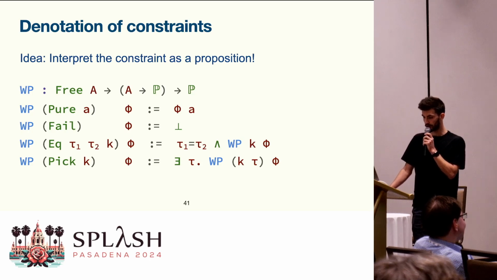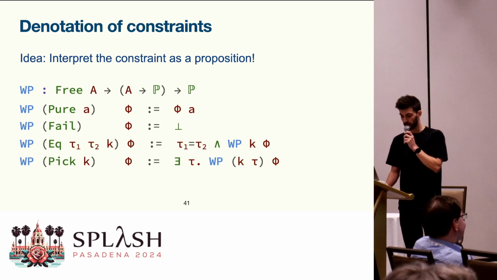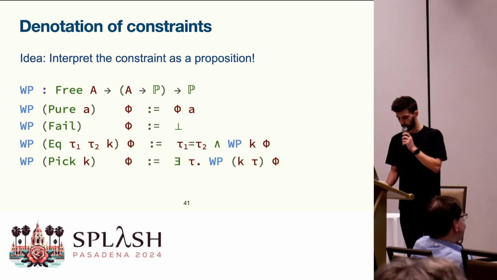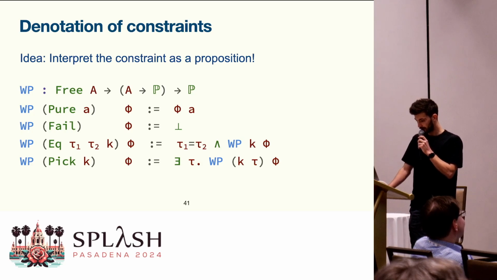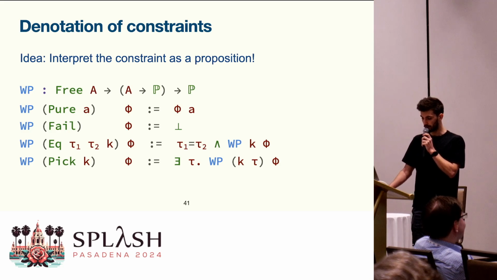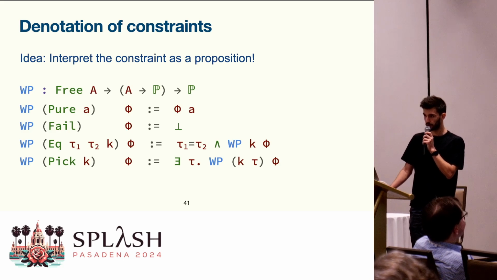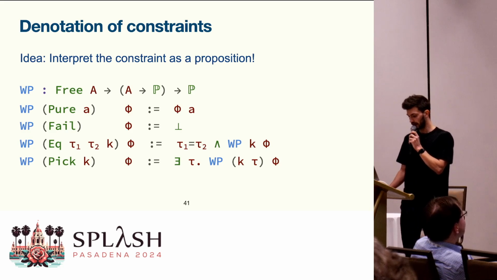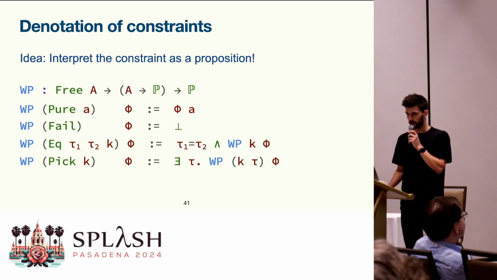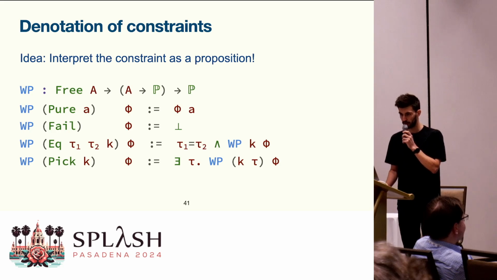Given a constraint of type free A, and a postcondition that takes an A to a proposition, we can define what that means. The important case here is the pick case, where we use the meta-language propositions to existentially quantify a type, in such a way that the constraint will hold. So this is like an angelic choice, if you're familiar with program logics.